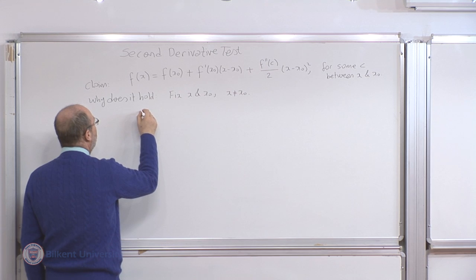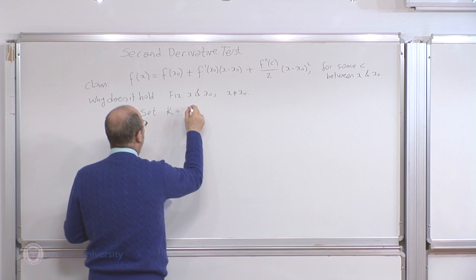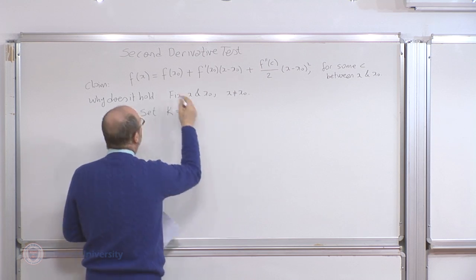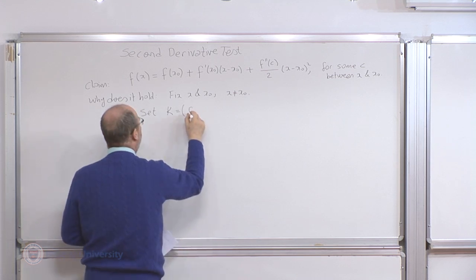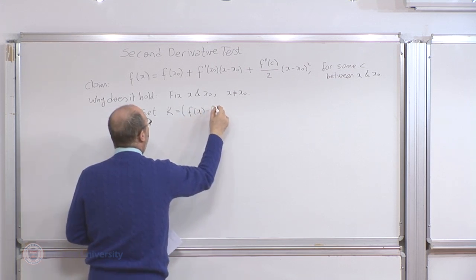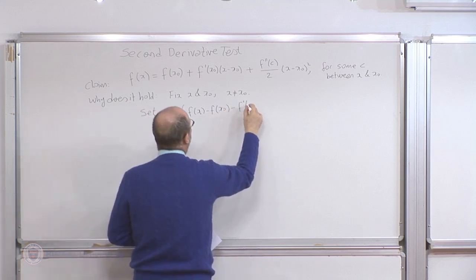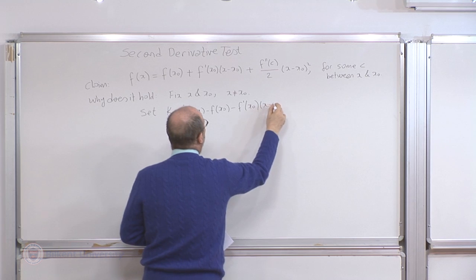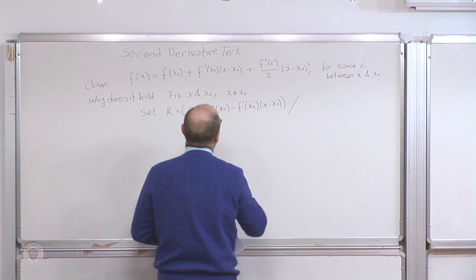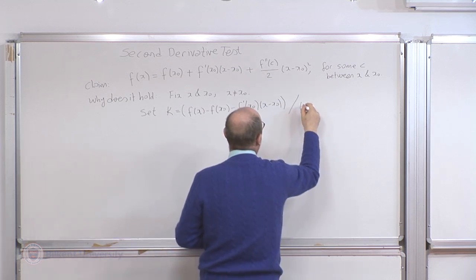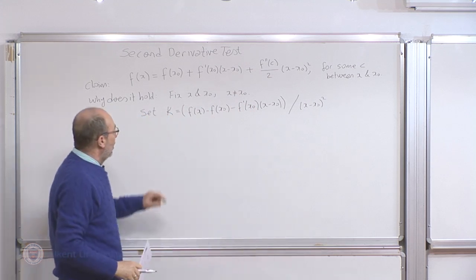Now set a constant k to be equal to, I'll write it like this: f of x minus f of x sub 0 minus f prime of x sub 0 times x minus x sub 0, and I want to divide it by x minus x sub 0 squared.